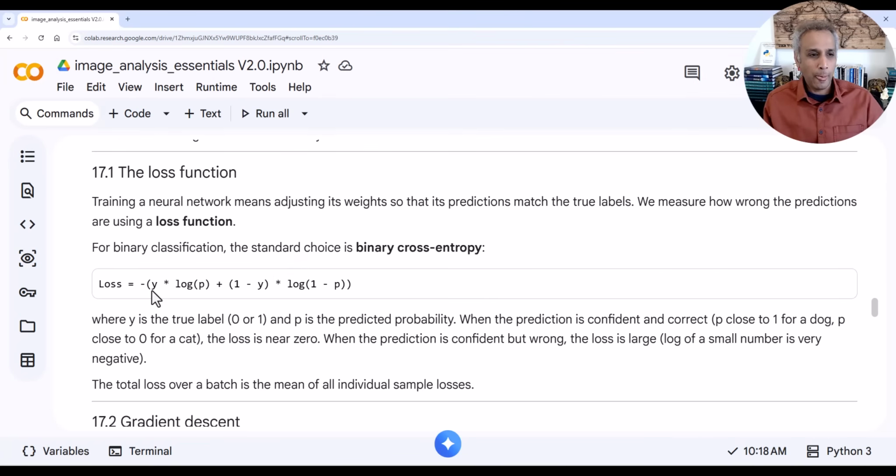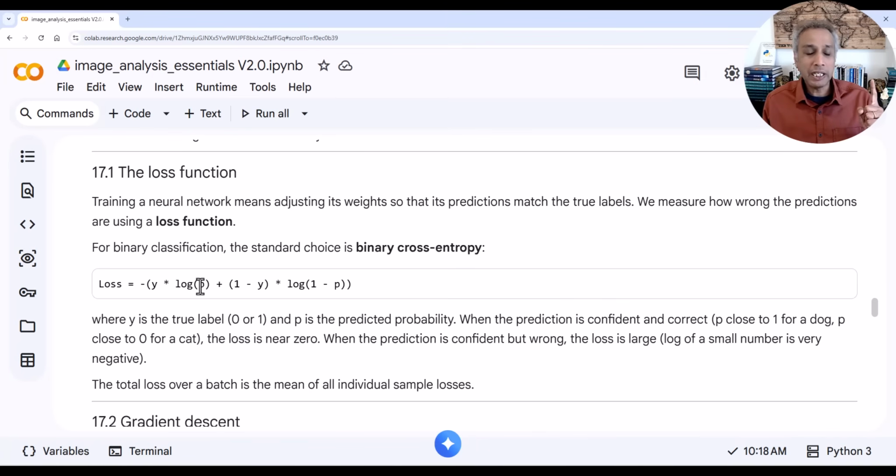Now, you know that there are two things here: binary cross entropy. Y is the true label in this loss function. This is the true label, let's say cat or a dog. And P is the predicted probability. Let's say Y is equal to 1, which means it's a dog. And 0 is cat.